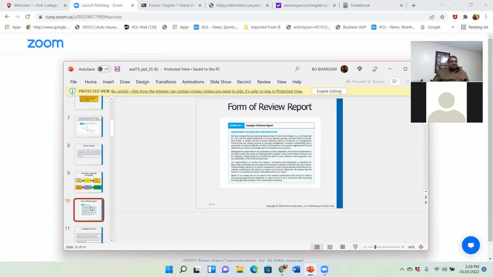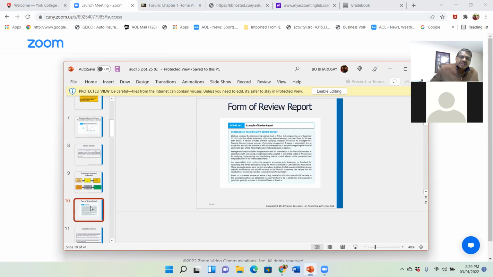So like an audit, in a review, we are saying that the financial statements are free of material misstatement. So there could be misstatement, but those misstatements would not influence the user's decision.